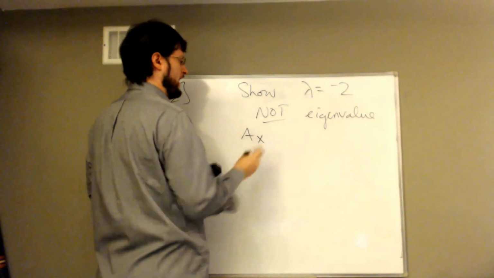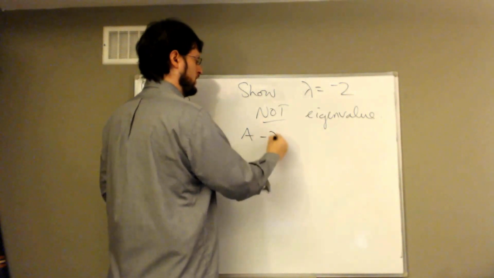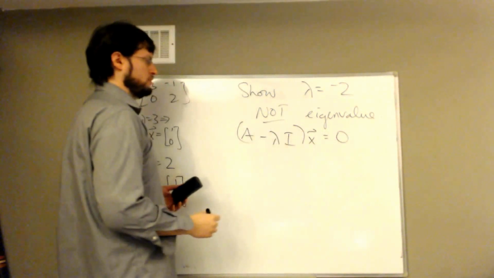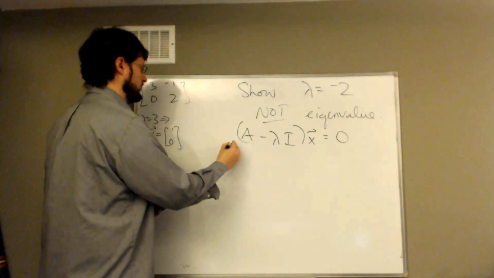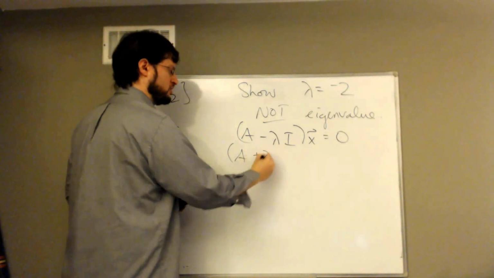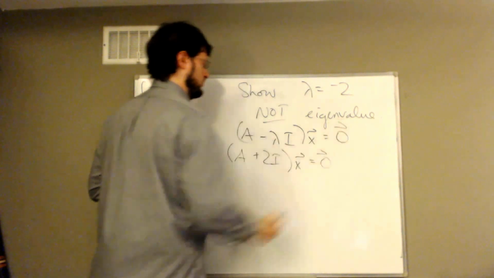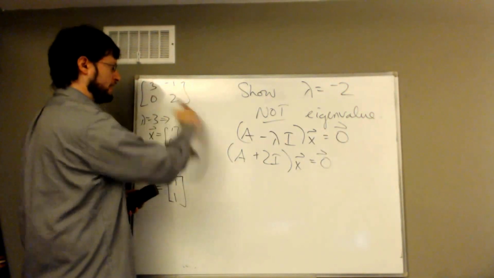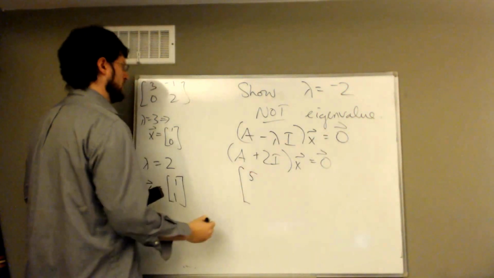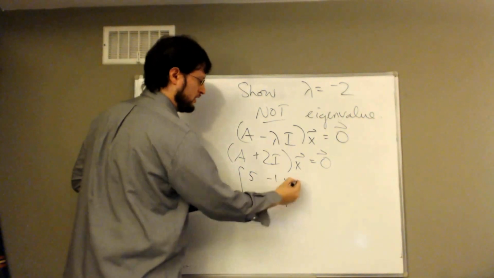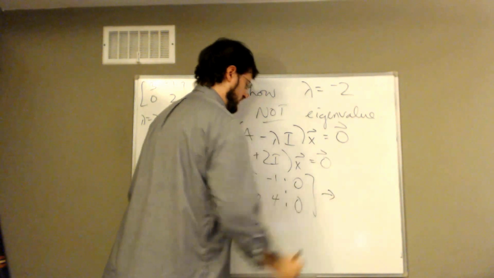We're still looking at A minus lambda I times x equals 0, which is now A plus 2I times x equals 0. If I add 2's on the diagonal, it becomes 5, 4, 0, minus 1, 0, 0.